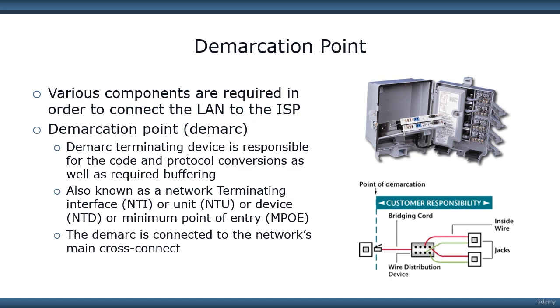So especially older, well, still today, regardless, I suppose, anybody using T1, T3 type of lines, old ISDN lines, we would always have these demarcation points. They might be slightly different technology today, but it's still a point of interest. It's that last point that we have responsibility over.